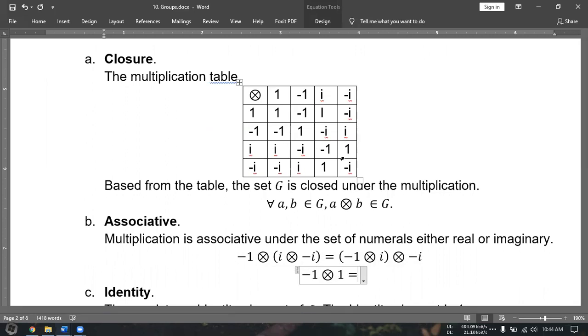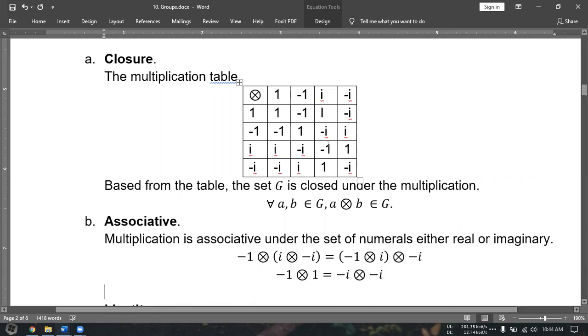And negative 1 times i is negative i as well. Multiply this by negative i. Are these equivalent? So 1 times 1 is negative 1. Is this equivalent to negative i times negative i? Sorry, negative 1 times 1 is negative 1.